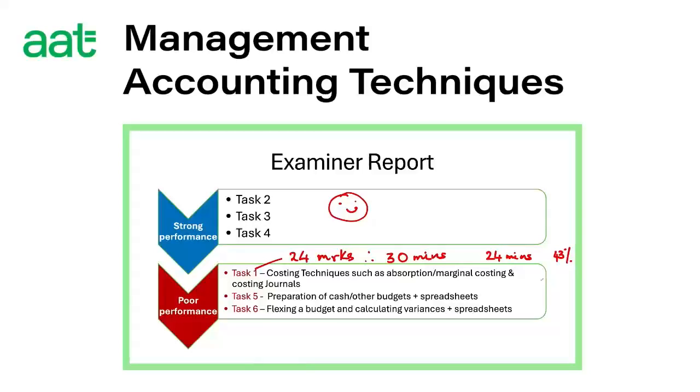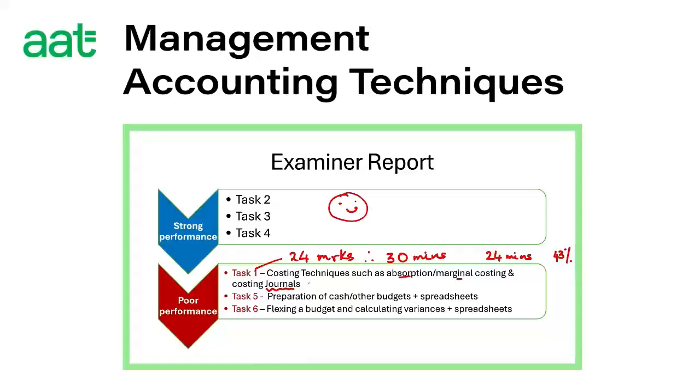And that's pretty worrying. Now, it's on basic costing techniques such as absorption, marginal costing, and costing journals. And we'll have a look at a question that has to do with absorption, marginal costing, and perhaps look at areas where you struggle with journals.